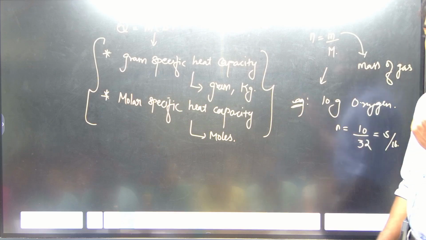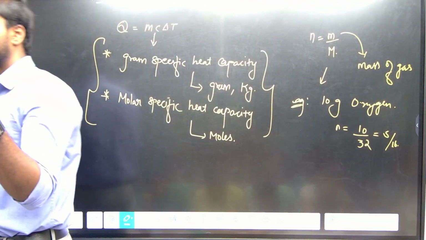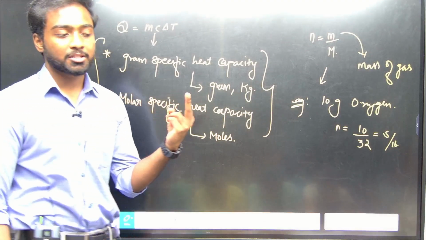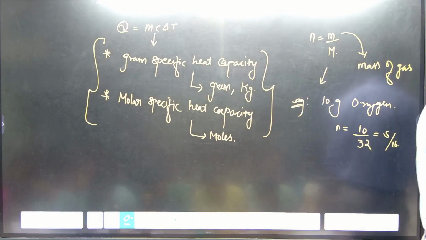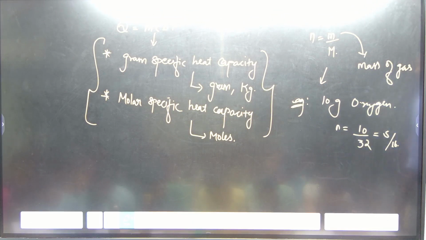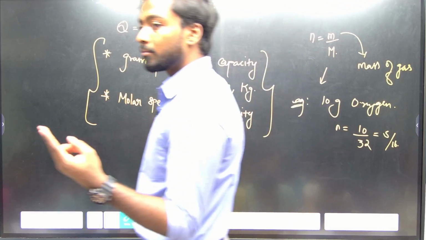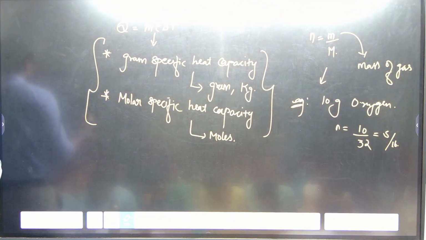One is keeping the pressure constant and changing the volume. The second way is keeping the volume constant and changing the pressure.